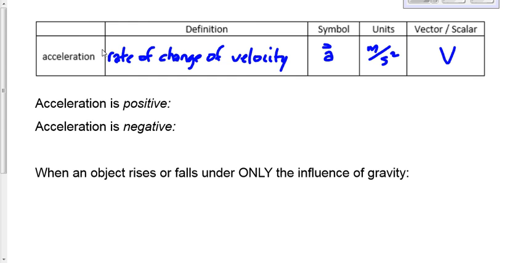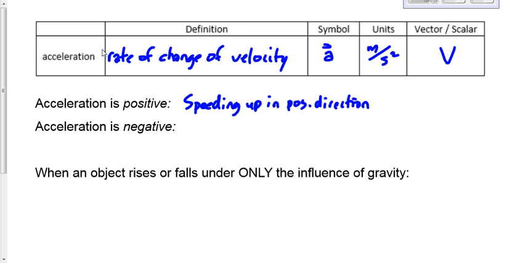A positive acceleration occurs when you're speeding up in the positive direction. So in other words, you're speeding up as you're moving to the north, or you're speeding up as you're going to the east, or you're speeding up as you're going to the right, or you're speeding up in whatever direction you've defined as positive.